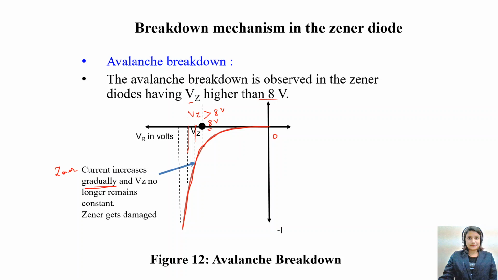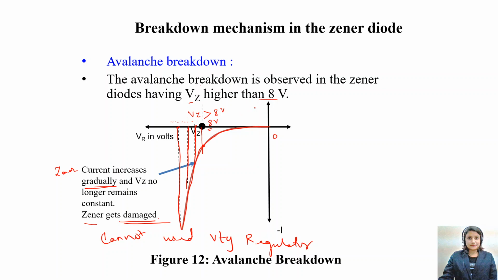So if the current is increasing gradually, can you see this? VZ is no longer constant value. Your VZ has started to change. Right? And this is the region where your Zener diode will get damage. And you cannot use Zener as voltage regulator in avalanche breakdown since it gets damage.